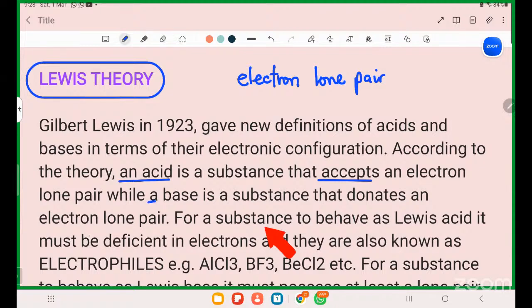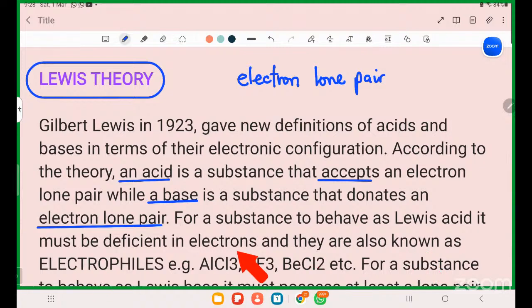He said a base is a substance that is capable of donating electrons. So for a substance to behave as a Lewis acid, it must be deficient in electrons, and they are known as electrophiles.